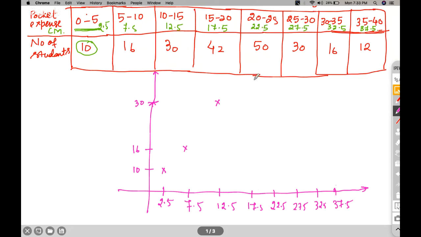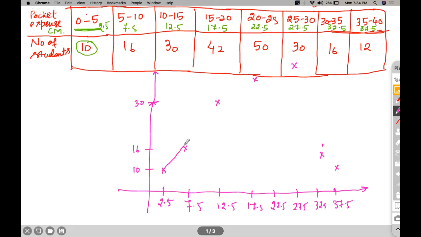On 17.5, I have 42 here. On 22.5, I have 50 here. On 32.5, which is 16 here, so it will be somewhere here, 16. And on 37.5, I have 12 here, so 12 would be somewhere here.